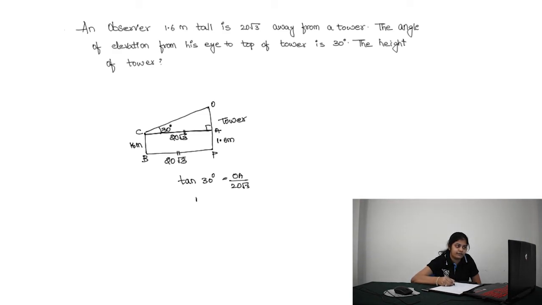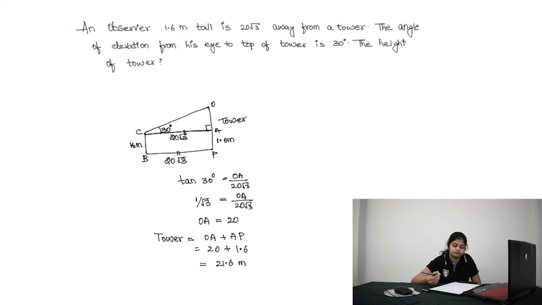Tan 30 is 1 by root 3, so OA by 20 root 3, which gives OA is equal to 20. So the total tower height is equal to OA plus AP, so 20 plus 1.6 is equal to 21.6 meters. Thank you.